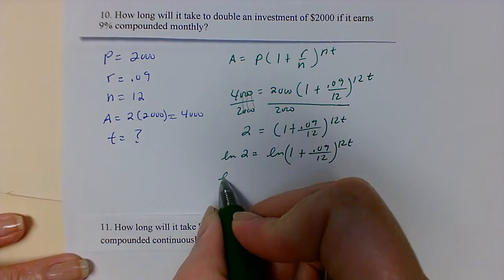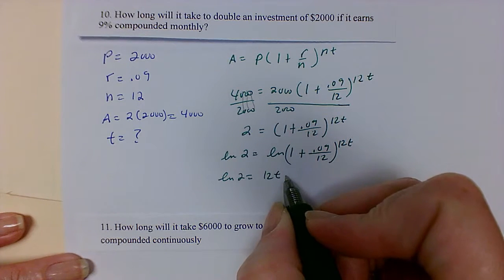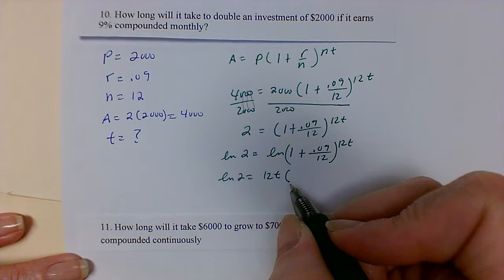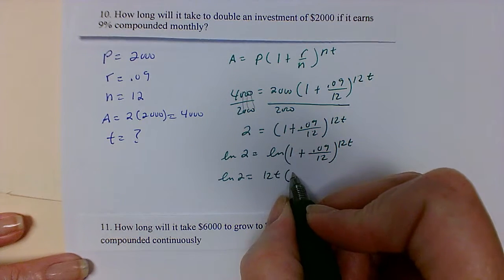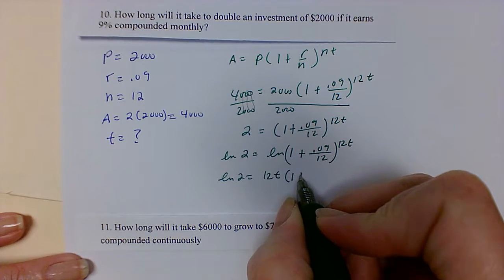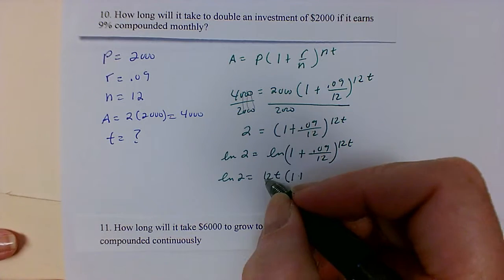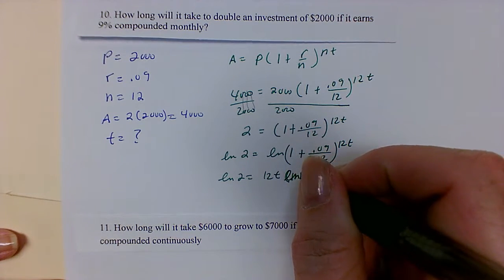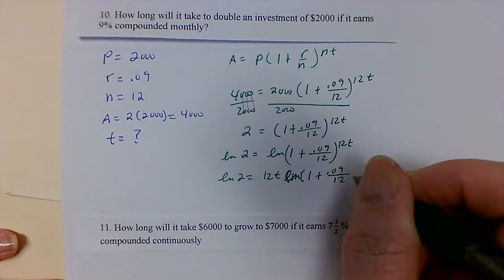So we'll have the ln of 2 equals 12t times the ln of 1 plus 0.09 divided by 12.